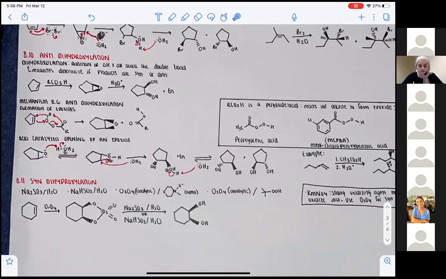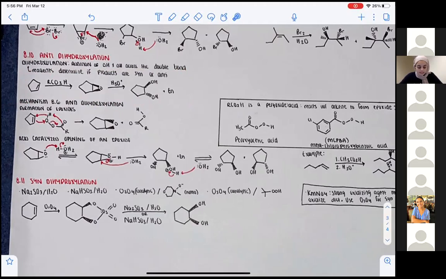This is another one of those crazy mechanisms where you form an epoxide, and then there's a carboxylic acid and a bunch of crazy stuff. So over here it says that the reagents determine if the product is syn or anti. But for the most part, this is what a majority of things will look like.